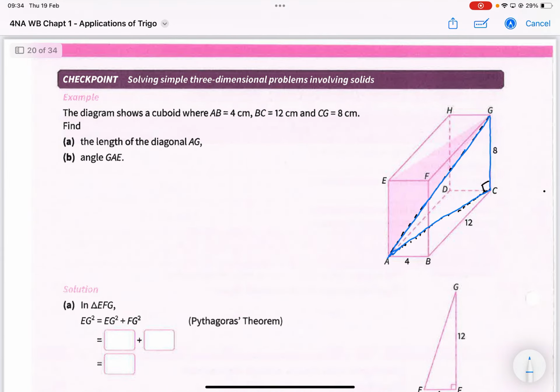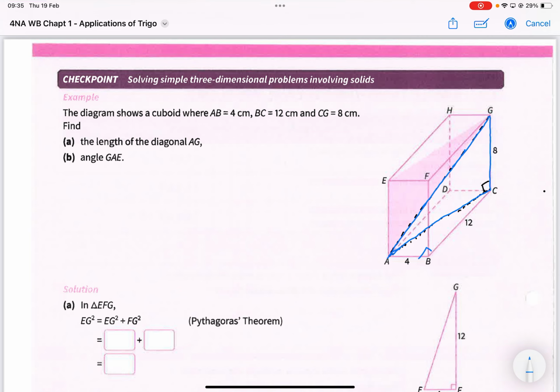Okay. Then I want to find it in your workbook. You can use the top, but I prefer to use the bottom because the bottom is flat. So for my one, I will find AC first. AC is the hypotenuse of right angle triangle ABC, flat on the ground.